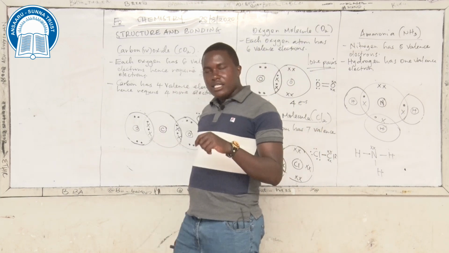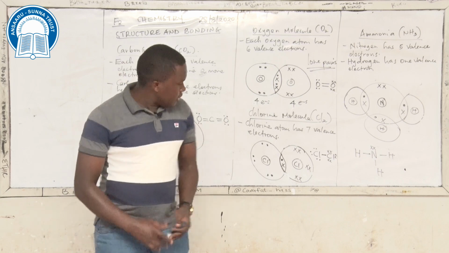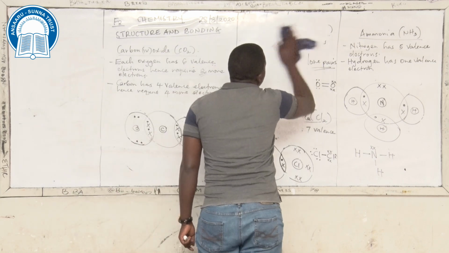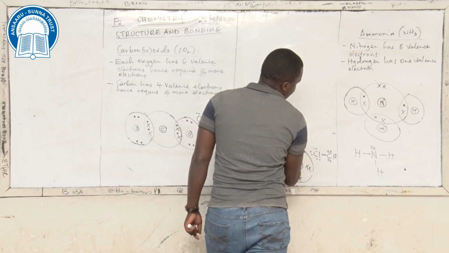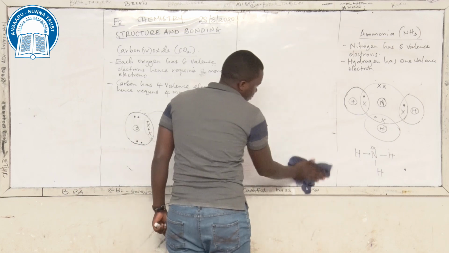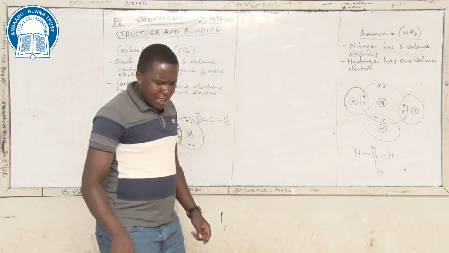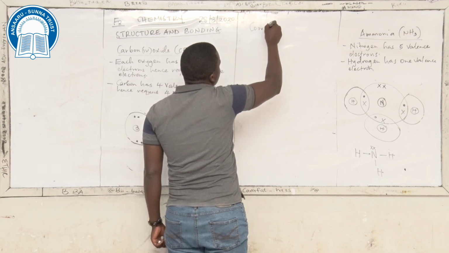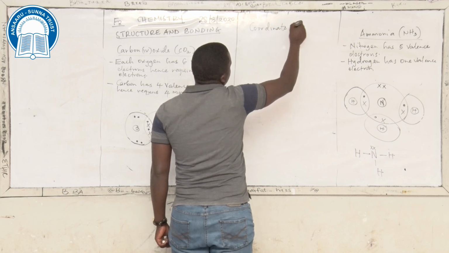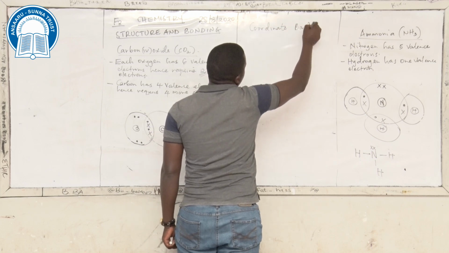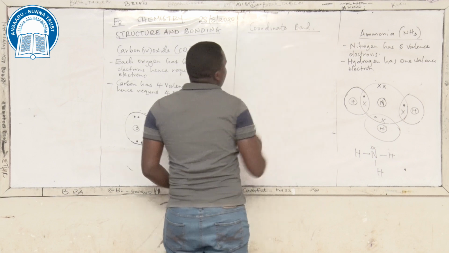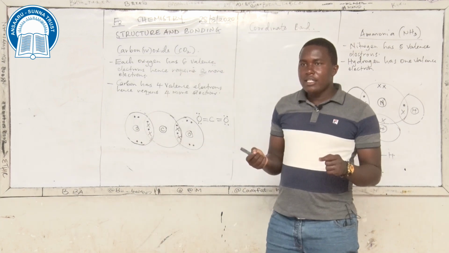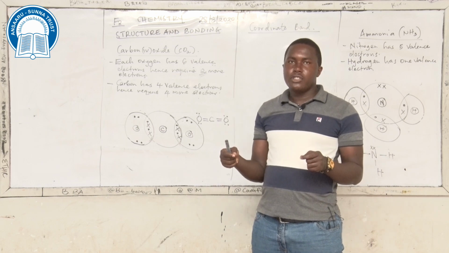There is a certain special type of covalent bond which I also want us to look at. A very special type of covalent bonding in which there are some generous non-metals. We have seen that for pure covalent bonding, each atom will donate an electron for sharing.